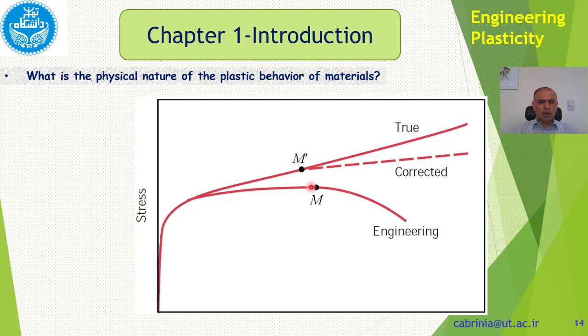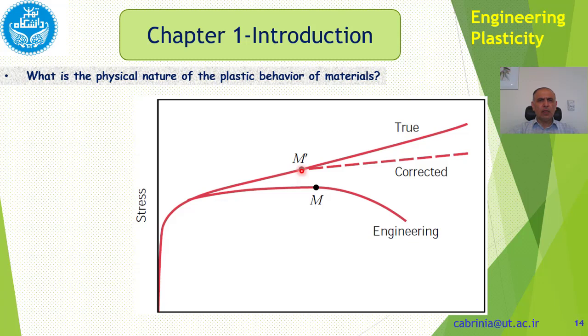Okay, because as I said, at M, shown here with the M dot, we experience an instability, in fact, and it's not stable anymore. It's unstable. So this means that the necking is forming.